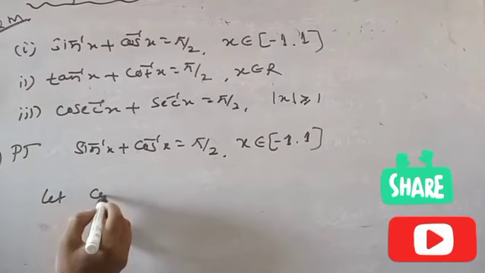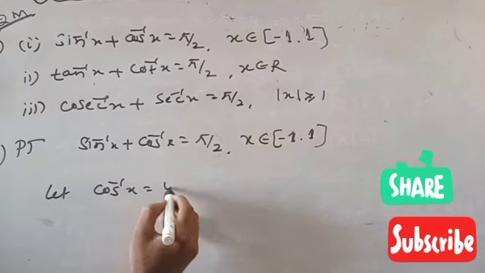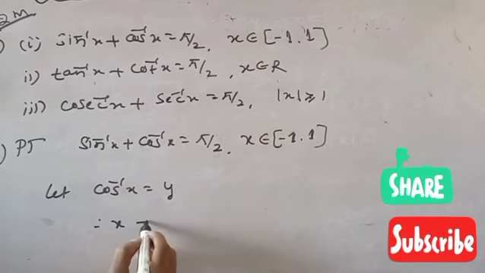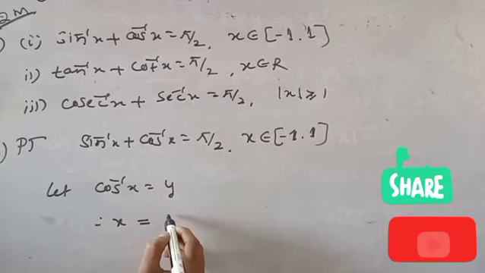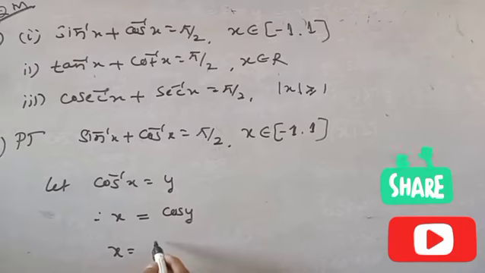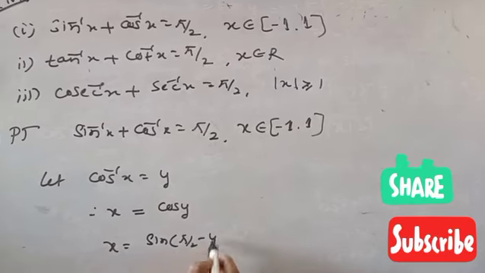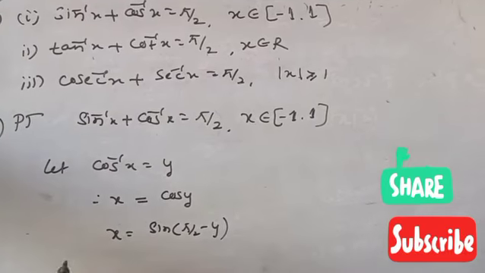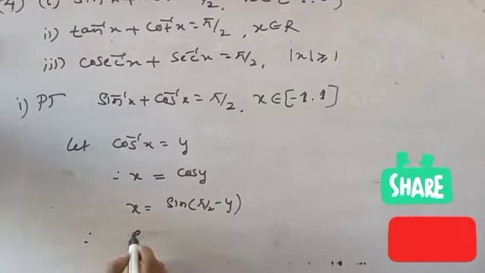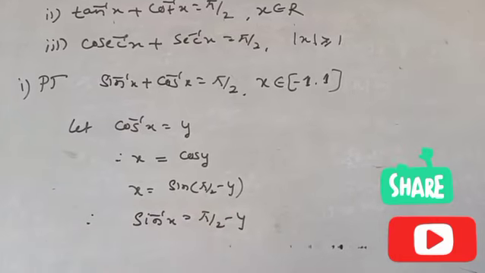Let cos inverse x is equal to y. Therefore, x is equal to cos y. x is equal to cos y means sin of pi by 2 minus y. Therefore, if you bring this side, it becomes sin inverse x is equal to pi by 2 minus y.